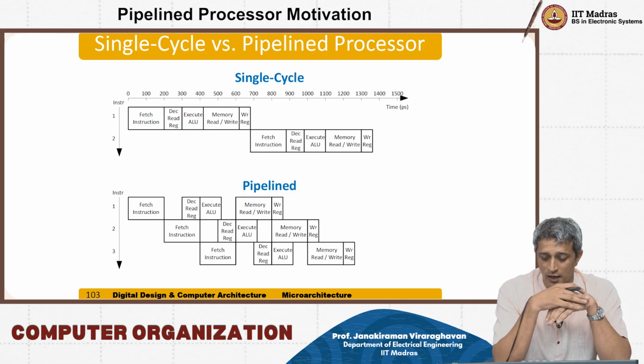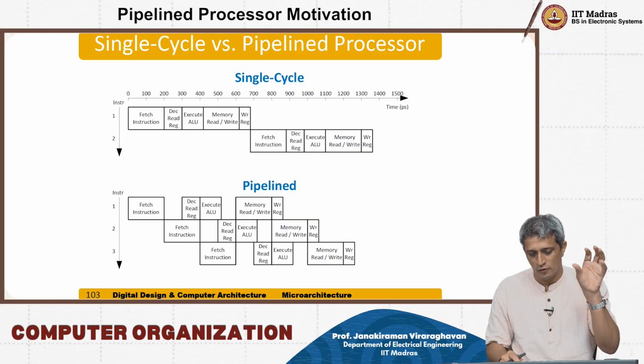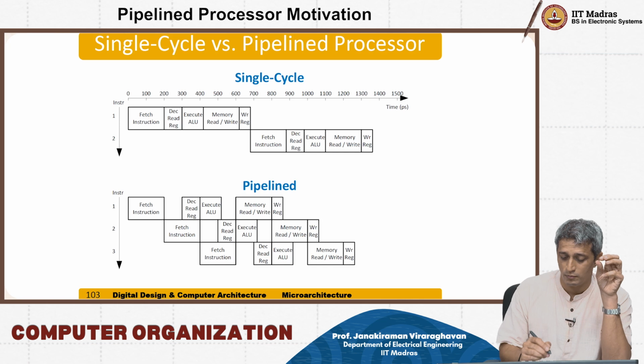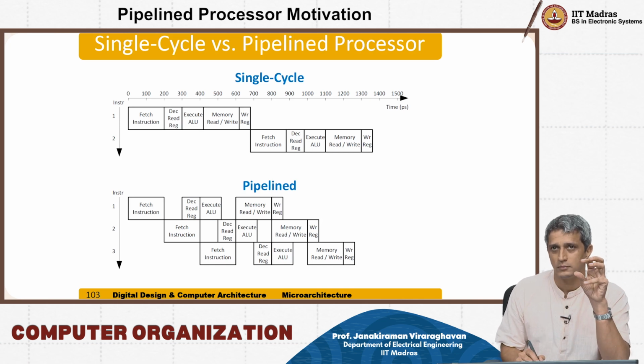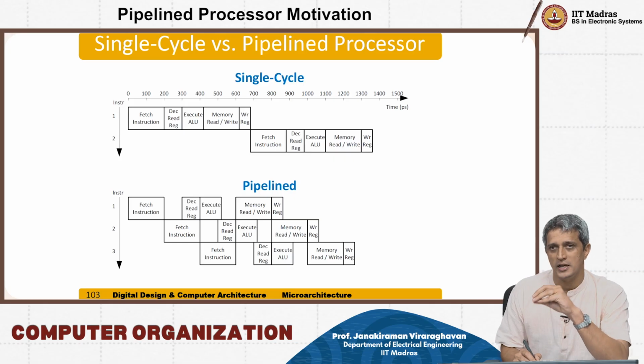The sequence of operations is that you have fetched instruction 1, then decoded and read registers, then executed in the ALU, then memory read and write, and then written the register back.